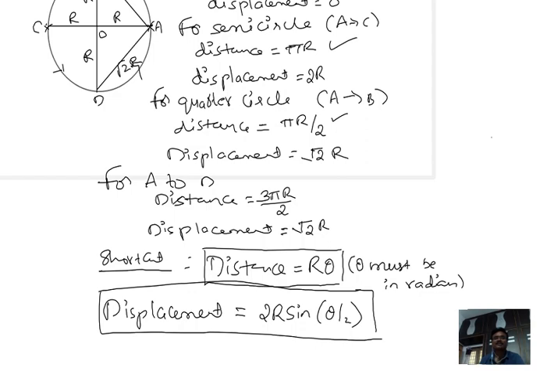For any number of revolutions, you can calculate the distance by multiplying the number with 2 pi r. For example, for one circle it is 2 pi r, for two circles 4 pi r.